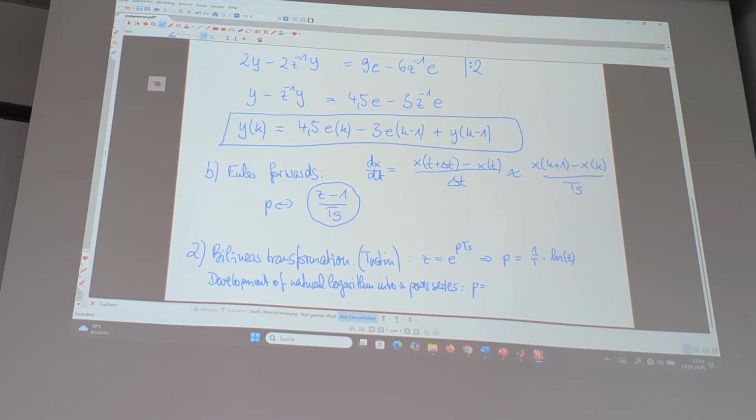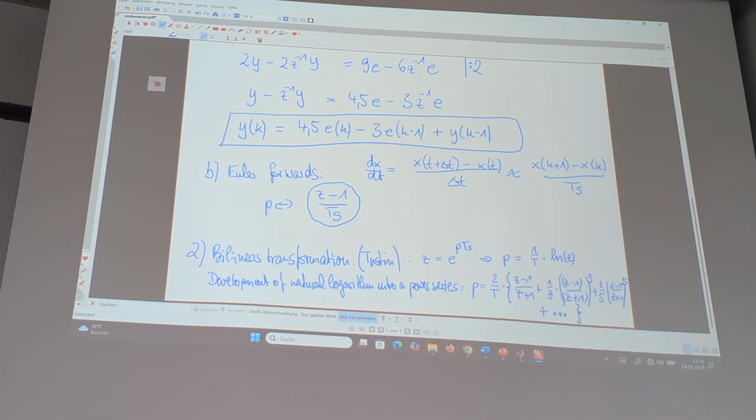P is equal to 2 over t times, and then curly bracket, and we have z minus 1 over z plus 1 plus 1/3 times z minus 1 over z plus 1 to the power of 3 plus 1/5 times z minus 1 over z plus 1 to the power of 5 plus and so on.